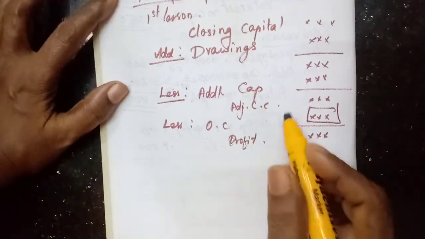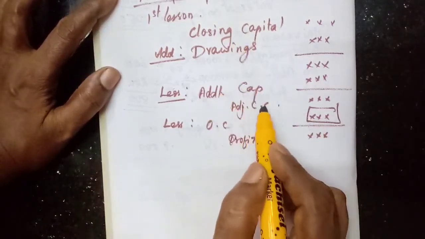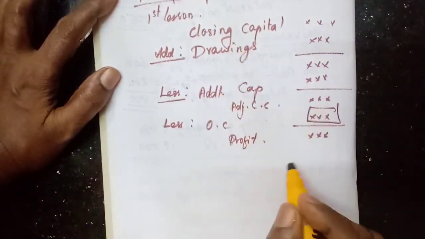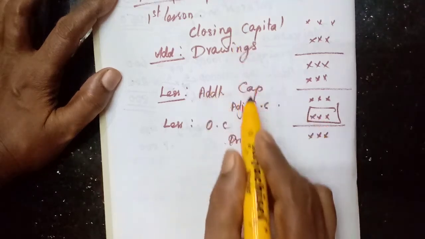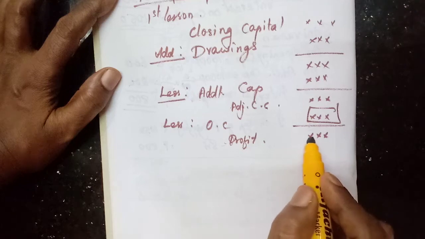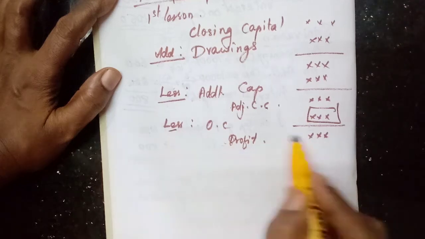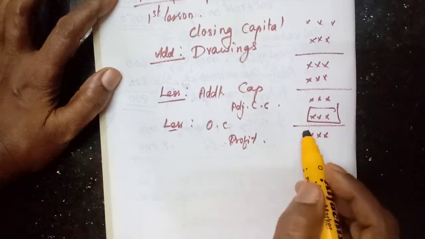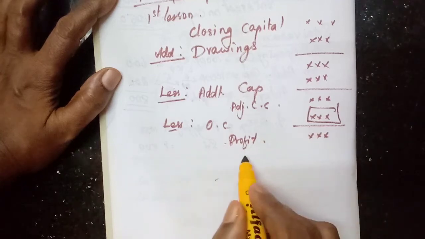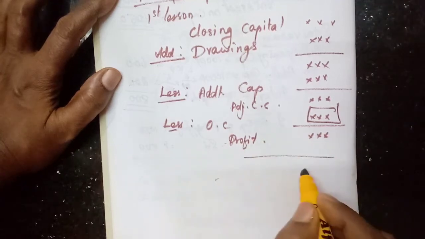So what can we do? The same thing we have to do up to here, the adjusted closing capital. You will write the same equation: add the drawings and deduct the additional capital, and we get the adjusted closing capital.